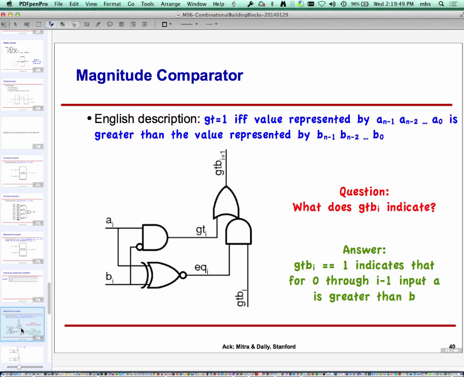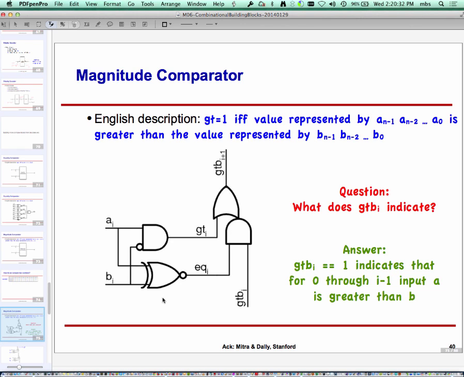So our logic looks like the following: in any bit position, we take the corresponding bits Ai and Bi, and the condition under which we have a greater happening is the following: the number A is greater than B if Ai is 1 and Bi is 0, and we did not have a winner previously. So the higher bits were all equal.